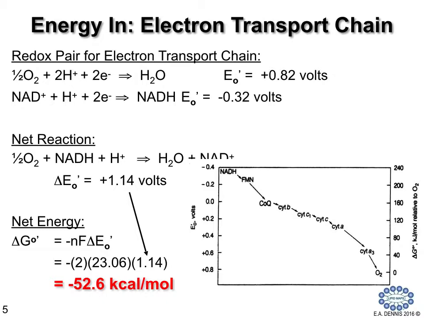Similarly, for an NAD plus to pick up a hydride or an H plus and two electrons to make NADH is minus 0.32 volts. So the net reaction in electron transport is that an NADH plus a half of an O2 is converted into water, and that's a free energy change of 1.14 volts. The delta G0 for this is minus 52.6 kilocalories per mole.